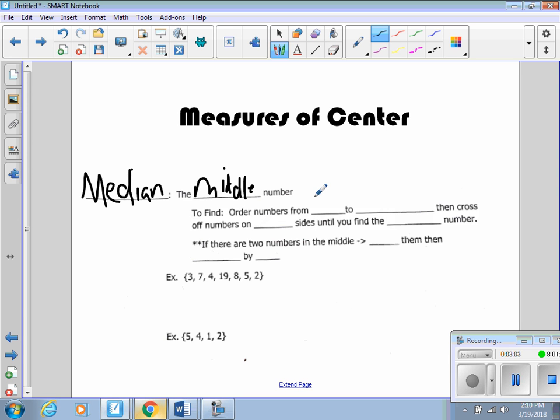In order to find the median, you order the numbers from least to greatest, and then you cross numbers off on both sides until you find the middle number.